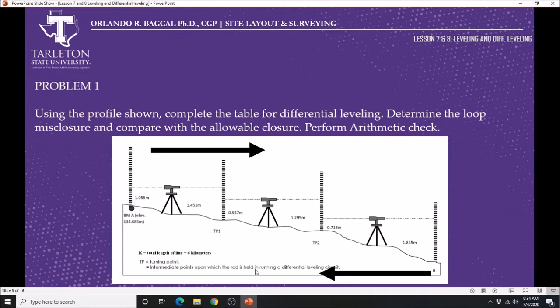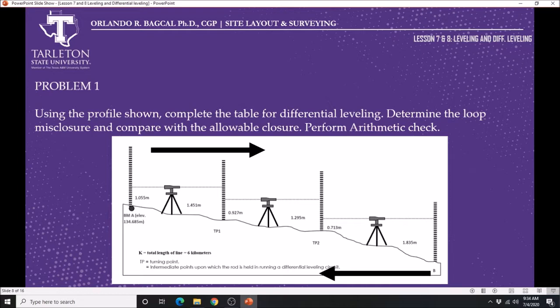All right, so this is how you're going to perform, assuming that we have here benchmark A and you're interested in determining the elevation at point B. So you will be moving from left to right. However, one thing that I want to emphasize here is that in setting up the instrument, we call it the turning point, you need to observe balancing.